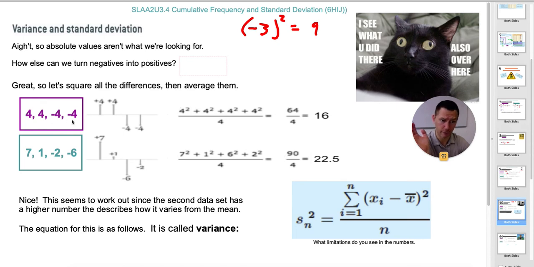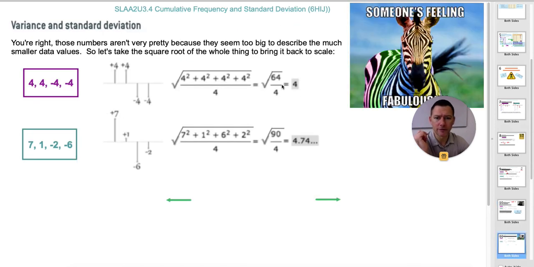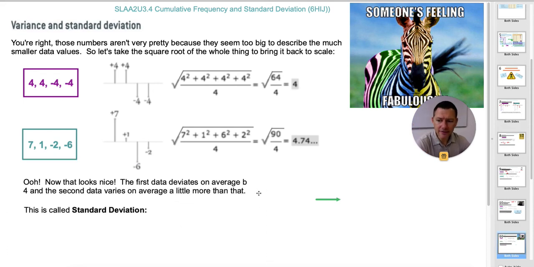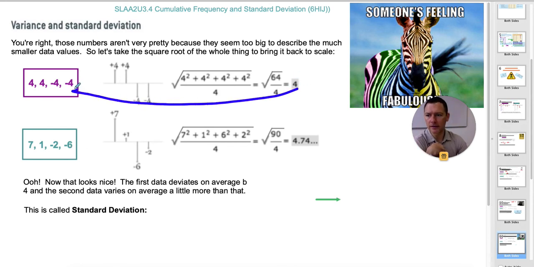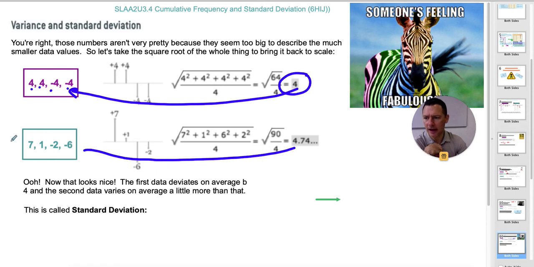And these are definitely 4 away from the mean. So if you take the square root of that variance, you get 4 and you get 4.7. And that's a little closer to me visualizing that each one of these is on average about 4 away from the mean, and that these are a little closer to 5 away from the mean. And this says that they're more spread out because they're farther away from the mean on average, right?